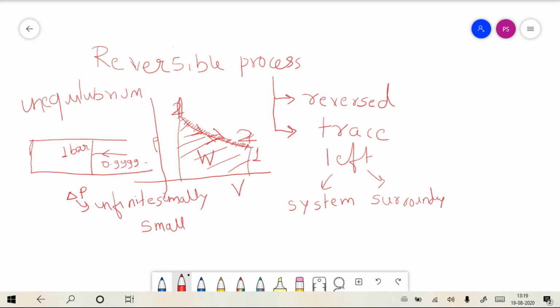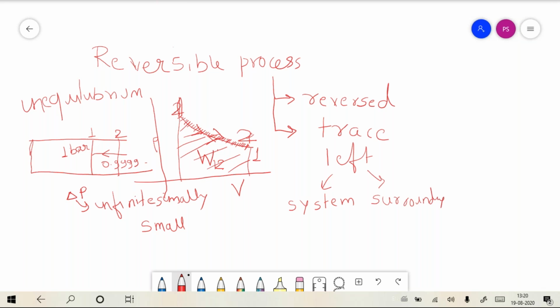Hence, if you go from 1 to 2 quasi-statically and without any friction, you would be getting work W1 to 2. Let us say this is the movement. So this is the initial state 1 and this is the final state 2. This is the initial volume V1 and this is the final volume V2, and you are moving from volume V1 to V2 such that the delta P is always negligibly small.